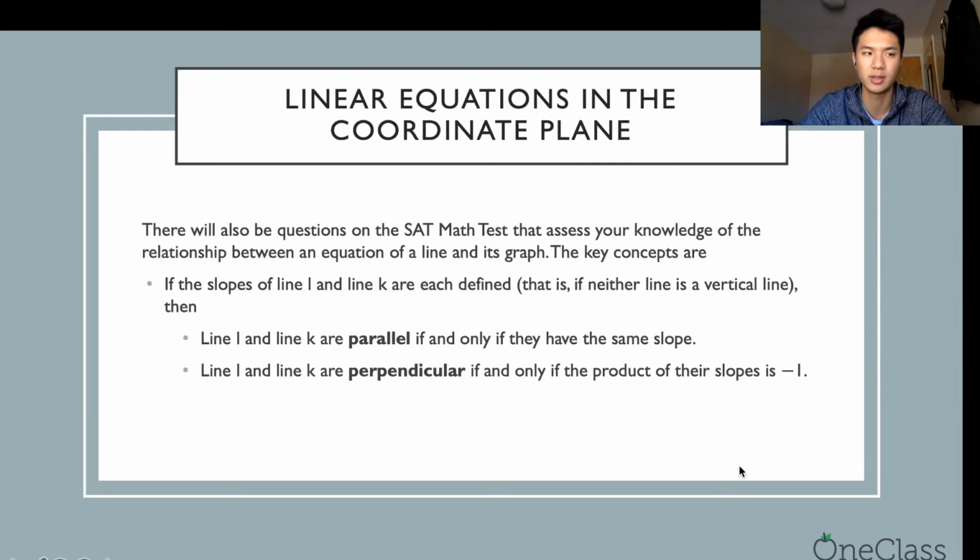This is also commonly taught as the slopes of two lines that are perpendicular to each other must be negative reciprocals of each other. So if the slope of one line, let's say line L, is 2, then the slope of K must be 1/2 times -1, so -1/2. And we can see that 2 times -1/2 would equal -1. So either of those ways of remembering it would work. And these are just our two more unique configurations of lines.